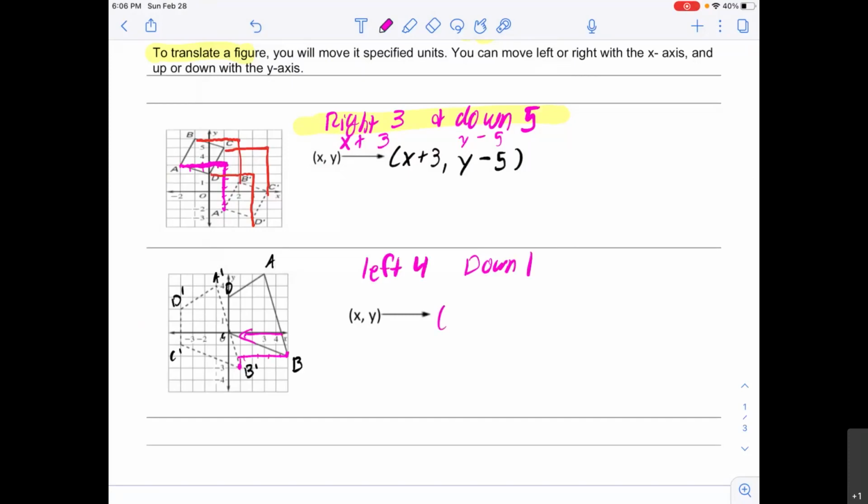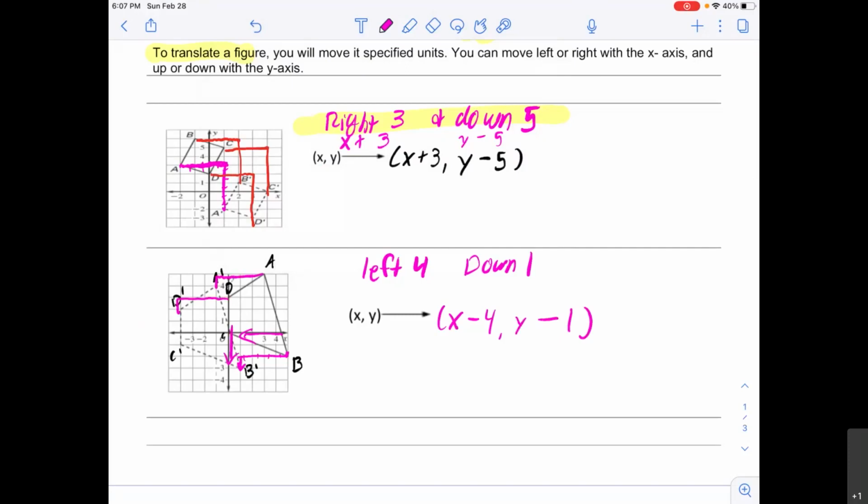So this time my rule is x minus 4. And then down 1, well, going down is getting smaller on my y-axis too. So y minus 1. And I could check all of these other points as well, and I will see that each one is moving the same. To the left 4 and down 1.